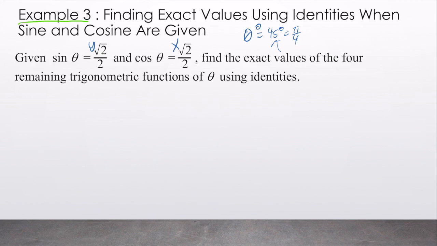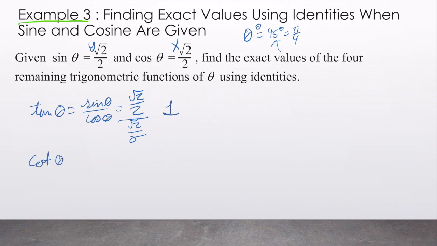Because that's when sine and cosine have the same value. So tangent of theta would be sine of theta over cosine theta. So square root of 2 over 2 over square root of 2 over 2, which is 1. Cotangent of theta would be cosine of theta over sine of theta, which again would just give us 1.